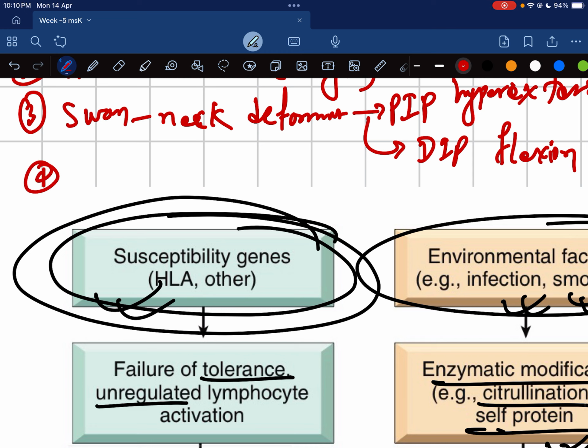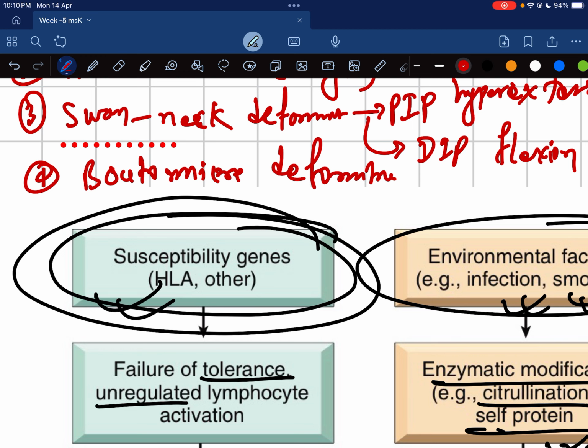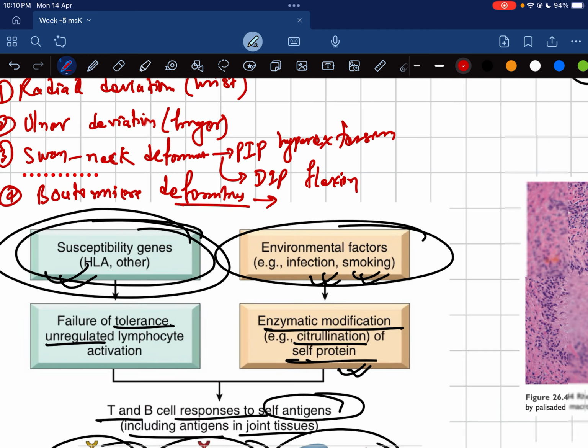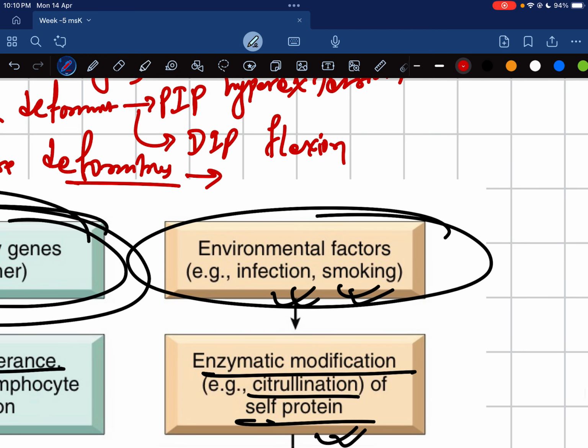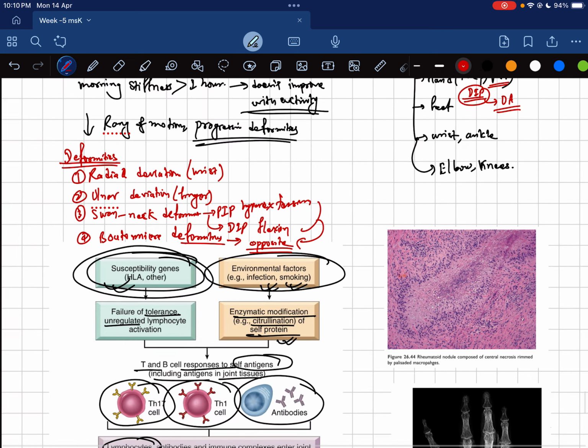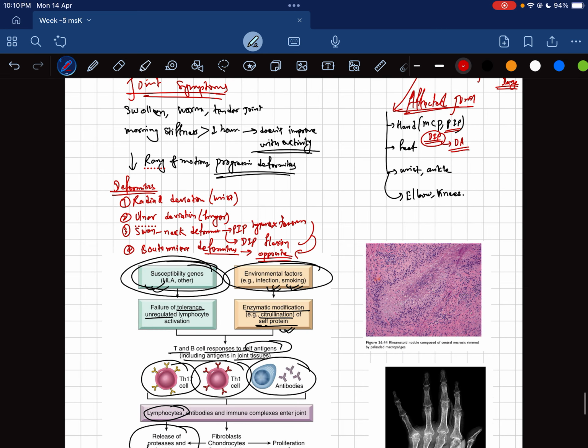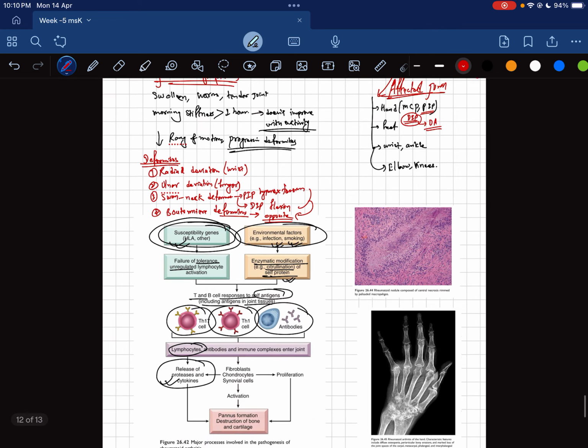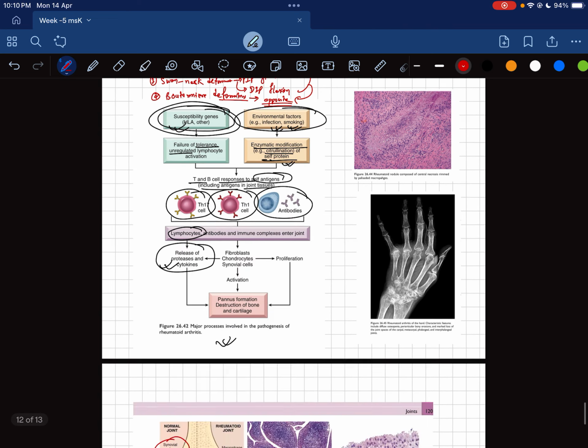Another is the boutonniere deformity, where PIP is flexed and DIP is the opposite. This is regarding some morphology, and in coming videos we will discuss more.